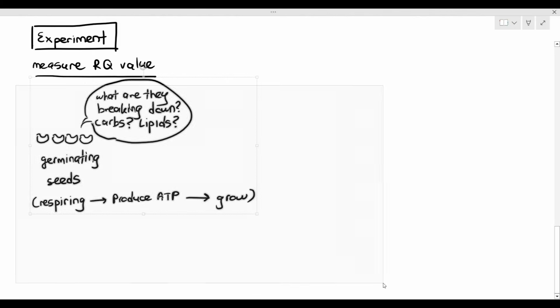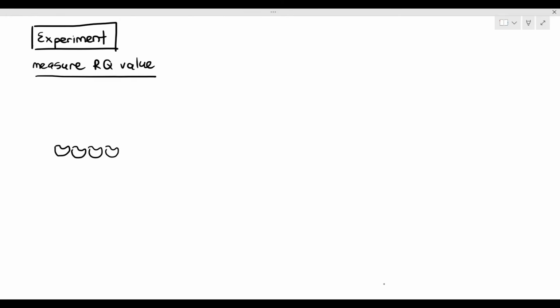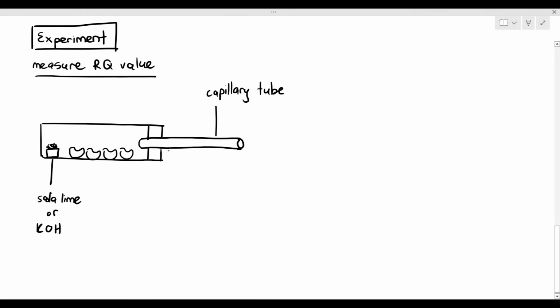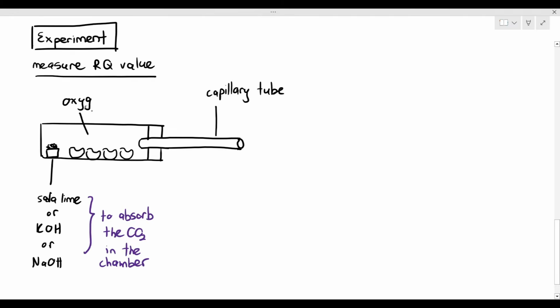The experiment looks something like this. You put the seeds into a chamber and you seal the chamber, but there is a capillary tube connected to the inside of the chamber, all right? And then after that, you also have soda lime or potassium hydroxide or sodium hydroxide, and the function of the soda lime, KOH or NaOH, is to absorb the CO2 in the chamber, so that inside the chamber only oxygen is present.